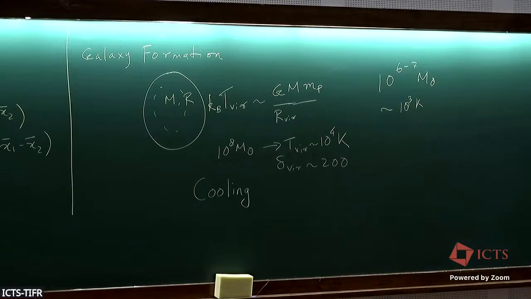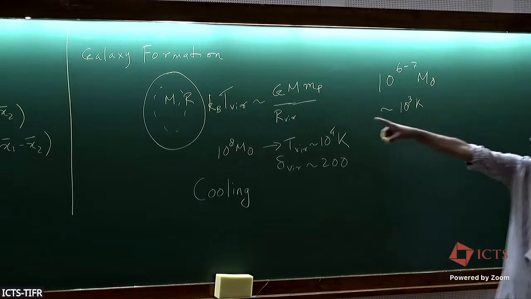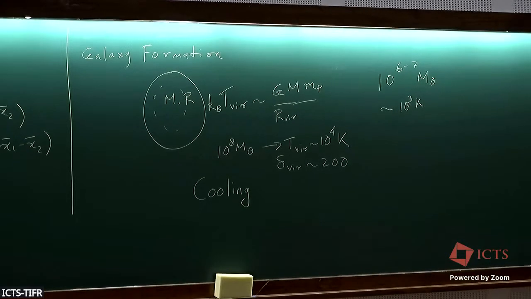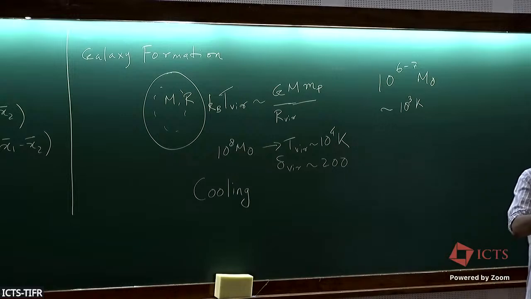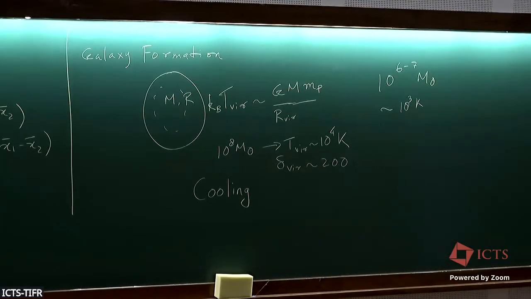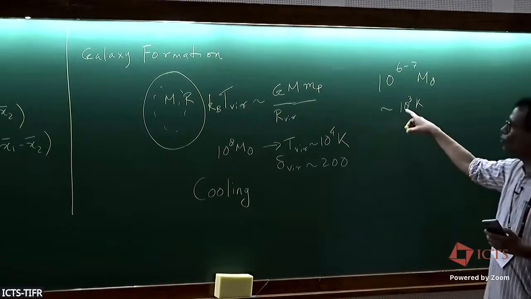Now, suppose the temperature of the gas is 10 to the 3 K, where will the hydrogen be? Mostly in the ground state. This is the typical kinetic energy they have. So even if they collide, it will be very difficult to excite the electron to a higher excited state. And if you cannot do that, you won't be able to cool.